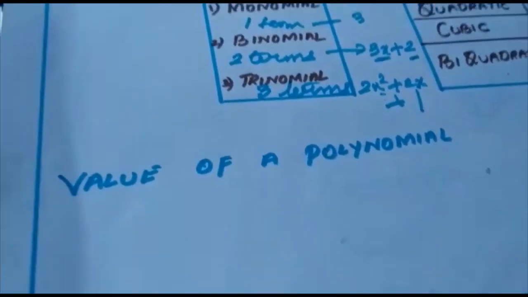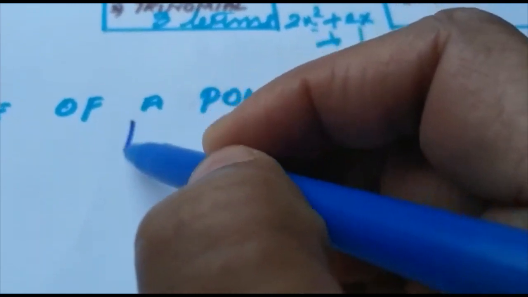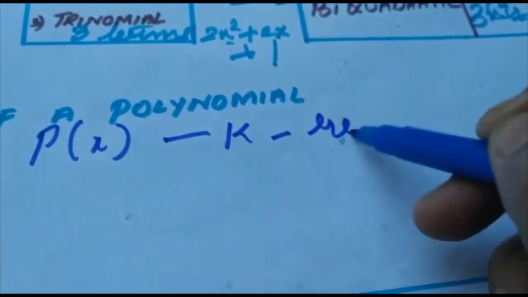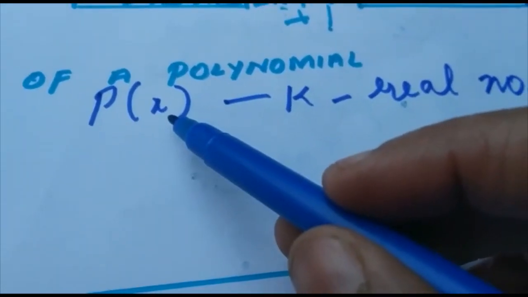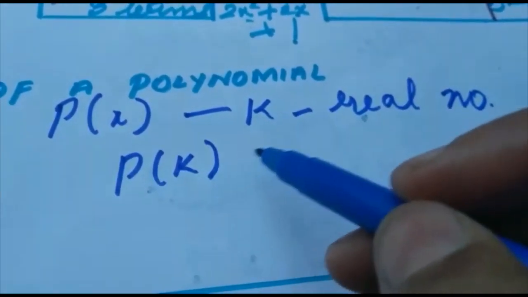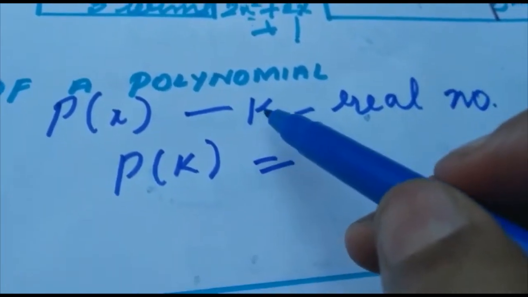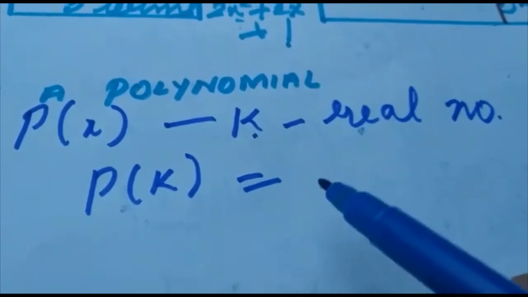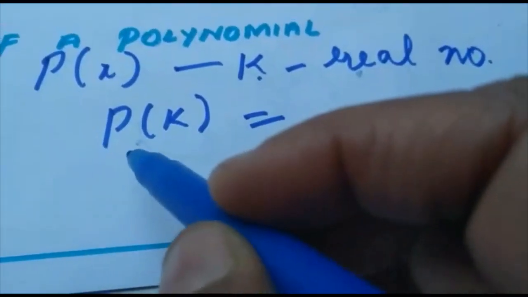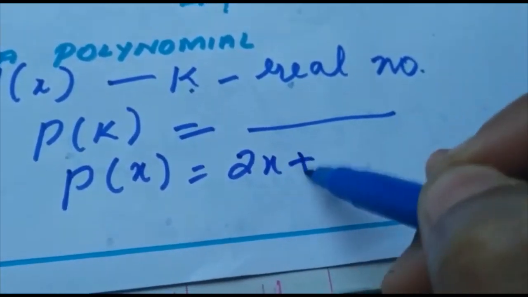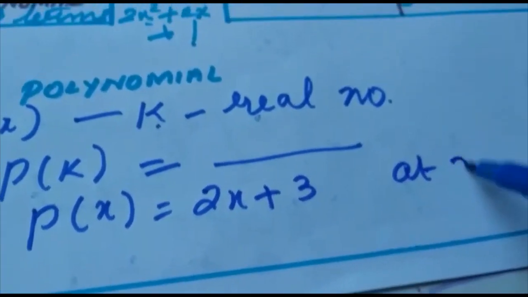Next, coming to the value of a polynomial. Suppose you have p of x as a polynomial and k be any real number. When you put the value of k in place of x, you get p of k. The value of p of k is nothing but what you get when you put the value of k in place of x in the algebraic expression. Suppose you take the expression p of x is equal to 2x plus 3 at x is equal to 1.